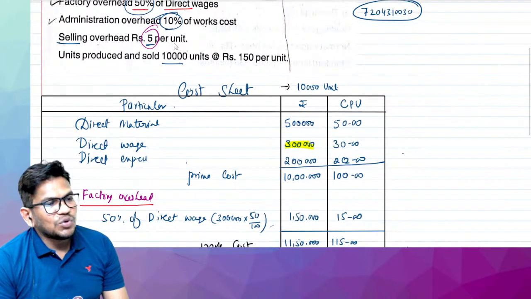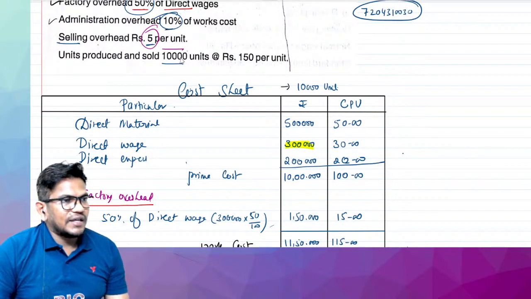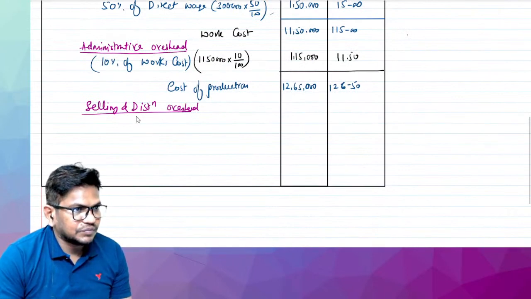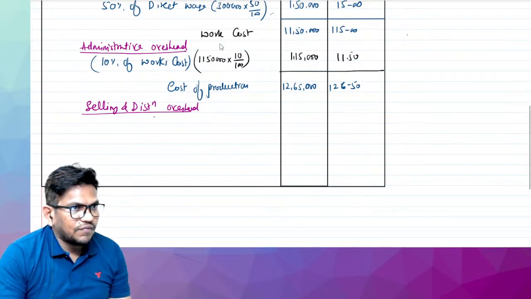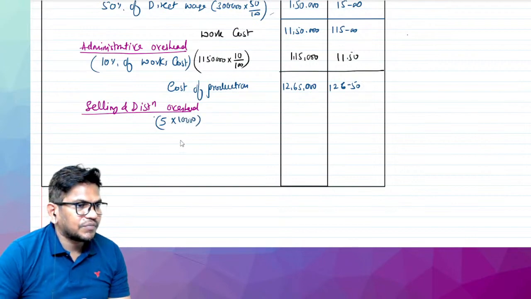How many units they have sold? They have sold 10,000 units. 10,000 units means, one second, 5 multiplied by 10,000.